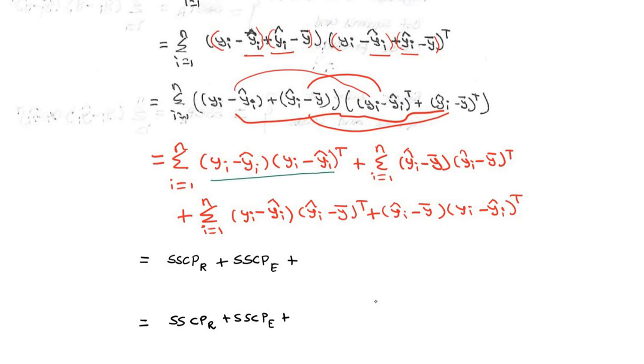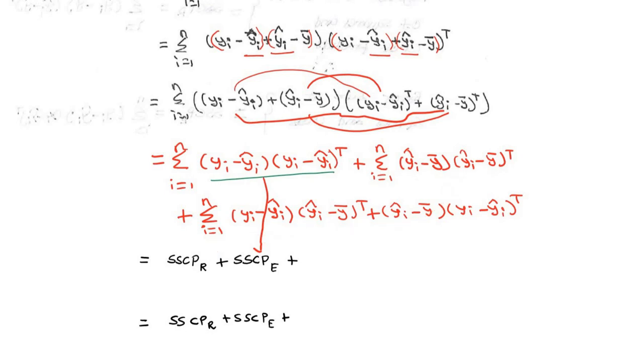This term is nothing but yi minus yi cap, which is the error, that is the sum of squares and cross product of the error. Therefore this can be written as SSCPE. And the second term is nothing but the definition of sum of squares and cross product of regression. Therefore it is denoted as SSCPR.